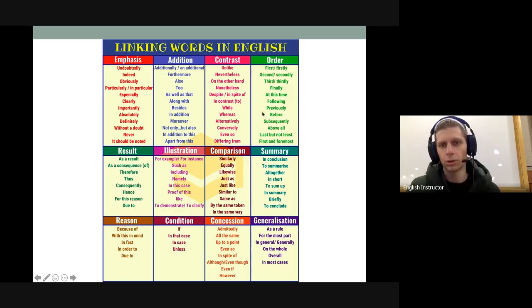So if you're trying to order something, those are words you can use. Here you can see the contrast words. So nonetheless, in contrast, alternatively, conversely. And that would be different from comparison, right? Contrast is showing difference. Comparison is showing normally how things are alike. So this is alike and this is different.